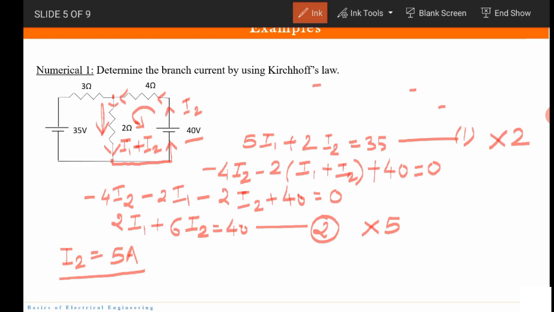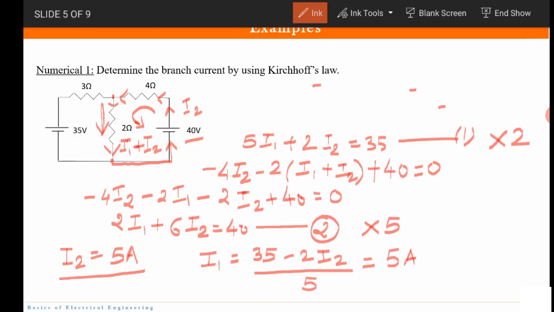Now I1 would be (35 minus 2I2) whole upon 5. So please tell me what is the value of I1 from this equation. Very good. Even the I1 value comes out to be 5 amperes.